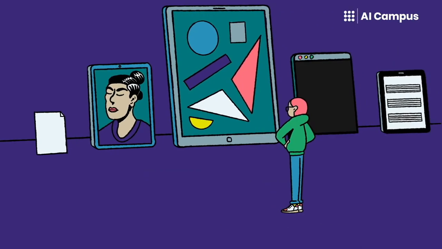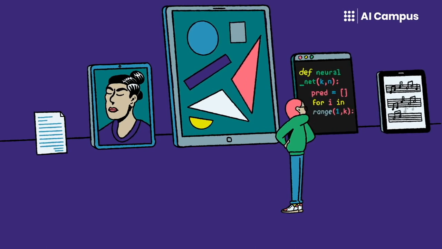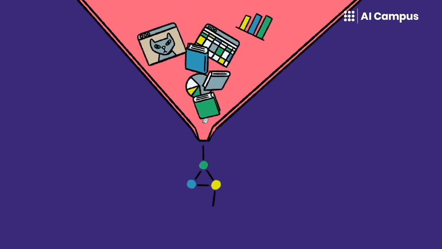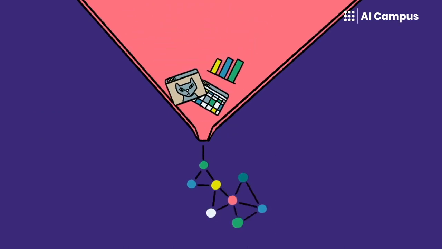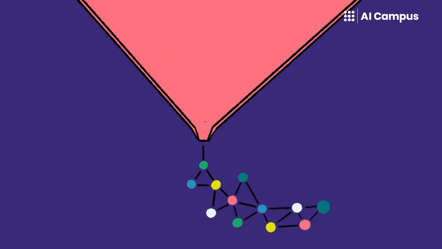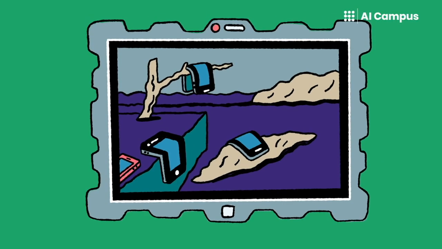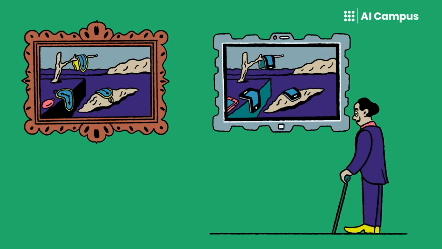Depending on how they're used, they can create short stories, paintings, pieces of code, or even musical compositions. The foundation for this creation lies in large amounts of data that the AI system accesses to identify patterns and similarities. The content produced by the AI is new. It's often impressive and challenging to distinguish from things humans have made.